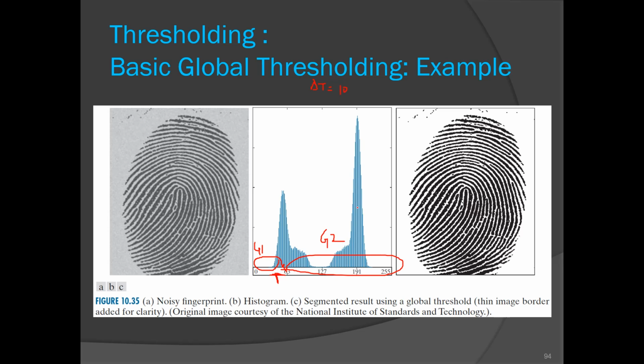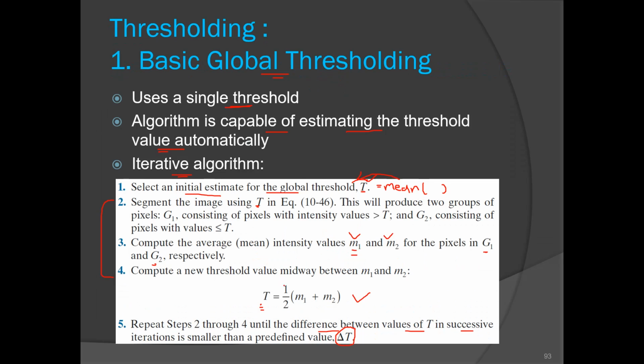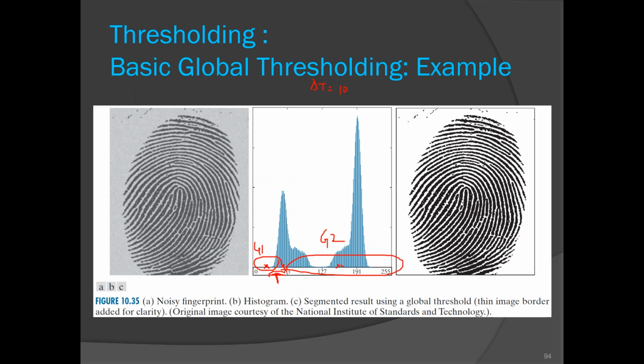Okay, then we will find the mean of this. So it will be around this value and mean of this will be here. Okay, then we are going to update the value of T using this equation. Then it is the average of these two values, then T will be updated to, I think, somewhere here.